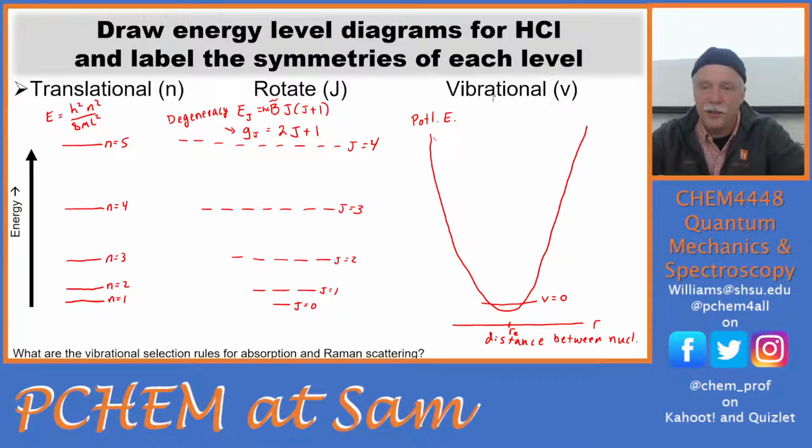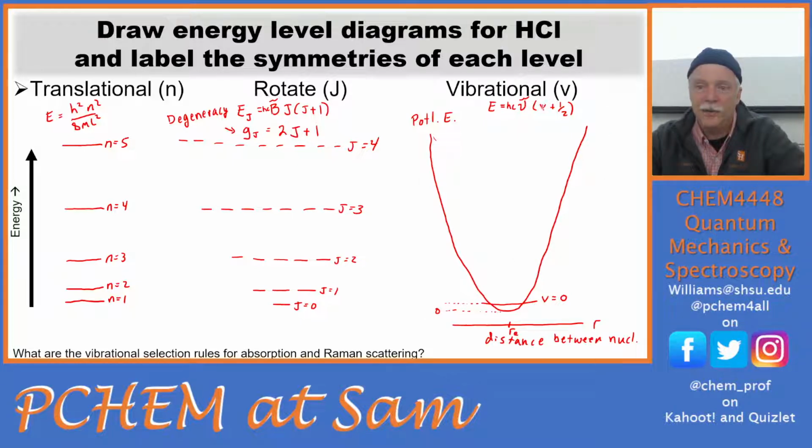Okay. Our energy equation up here is equal to that vibrational frequency, I guess you could do the HC again, times V plus 1/2. So what is this energy? If this right here is at 0, what is this energy right here? It's 1/2 of the vibrational frequency, right?